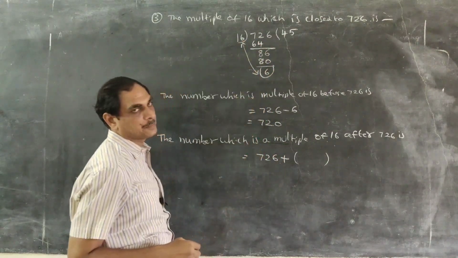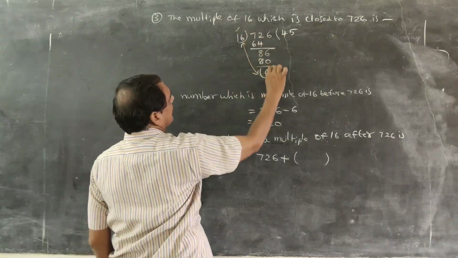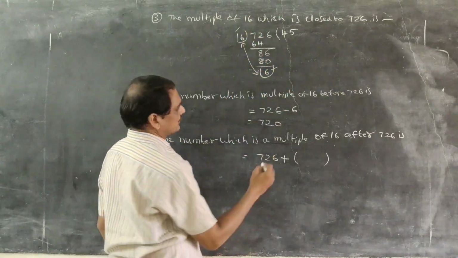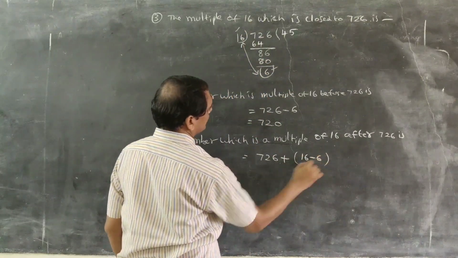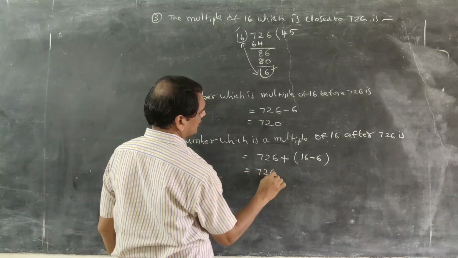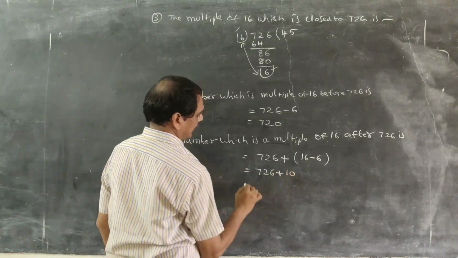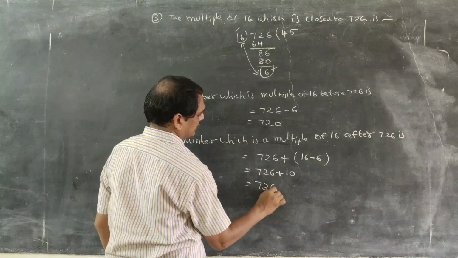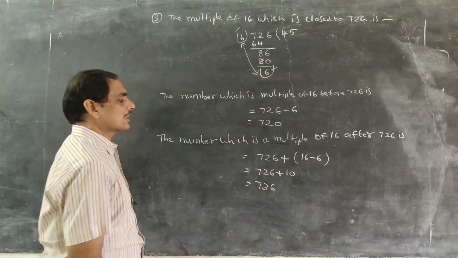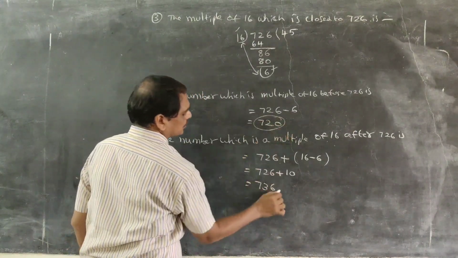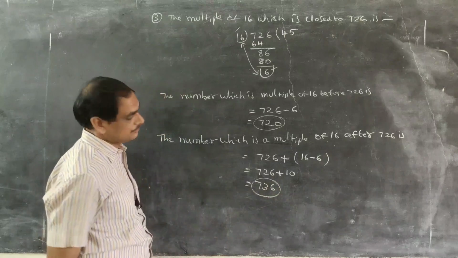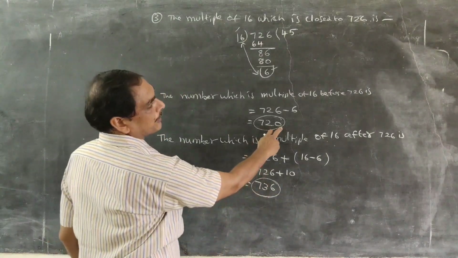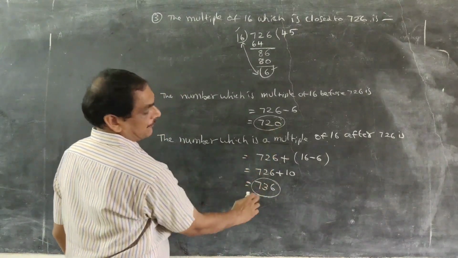We add the difference between the divisor and the remainder of the division: 16 minus 6, so 726 plus 10 is equal to 736. Now these are the two multiples of 16: this is the before multiple, this is the after multiple.